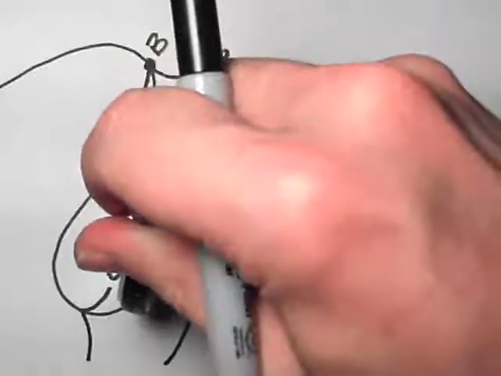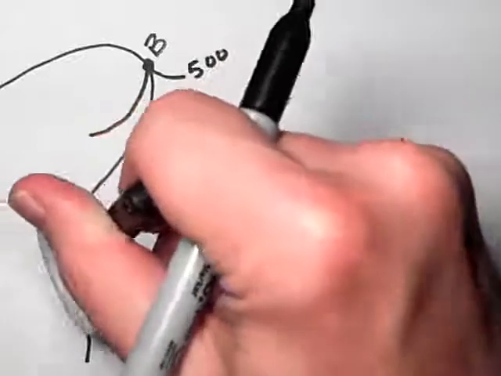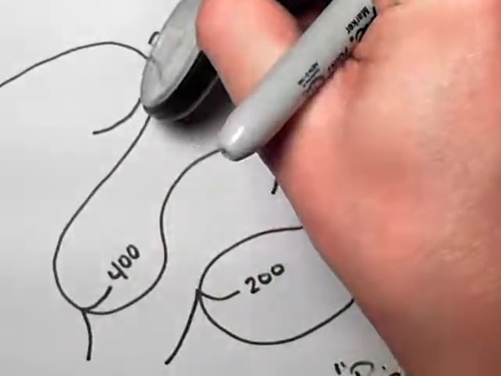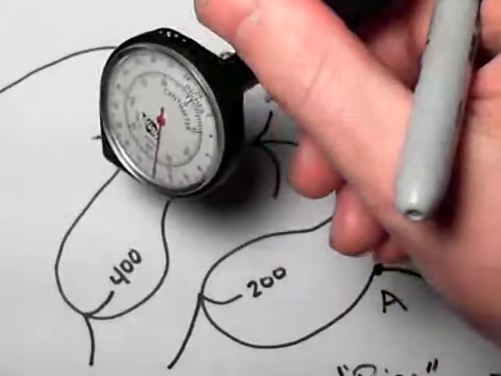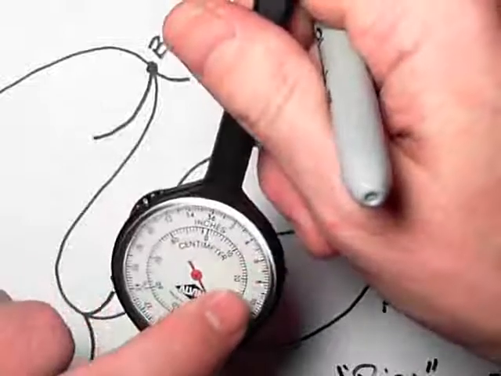Follow the stream, make sure your needle's moving clockwise, and when you get to the second point, take the wheel off of the paper and look at how many inches you've measured.